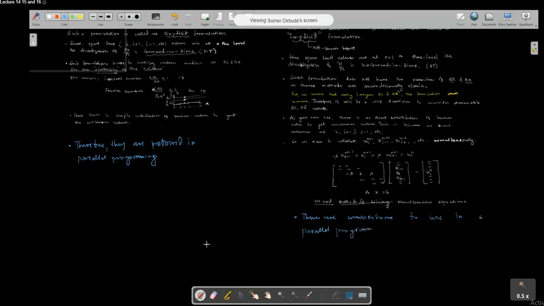Okay. But delta t and delta x are usually not known a priori in a general solver.